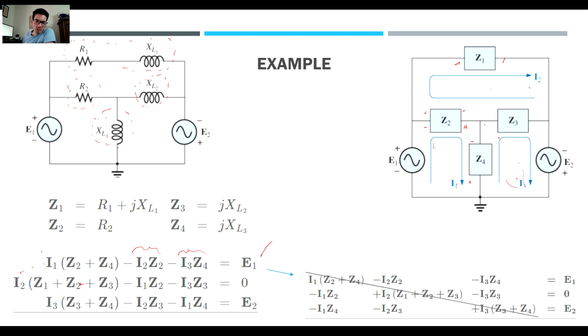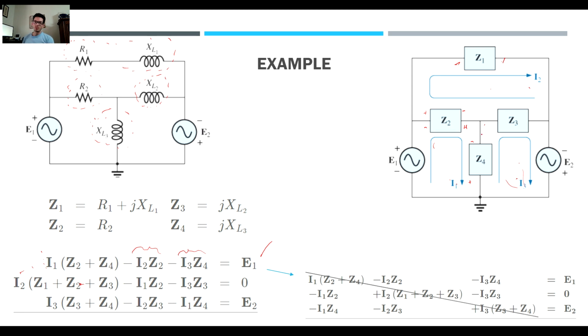And obviously the last one is going to be the contribution between these two. So for mesh number 3, we have E2, right? And then we have E3 connecting Z3, which is right there, and Z4, which is right there, with Z3 connecting to I2, and Z4 connecting to I1.